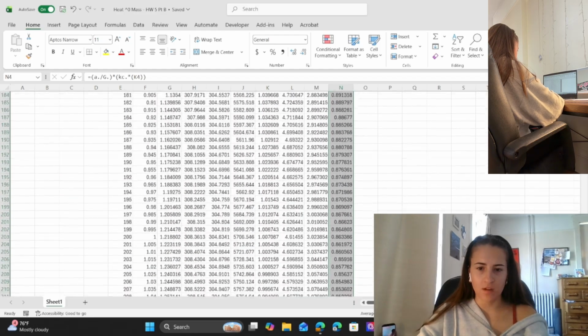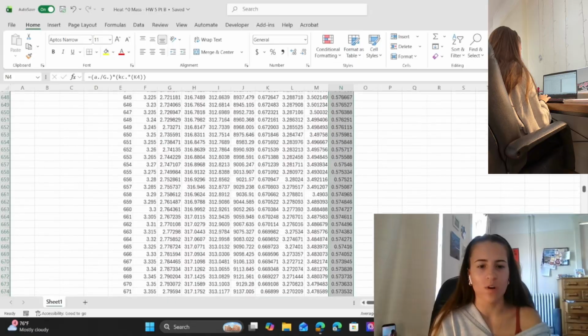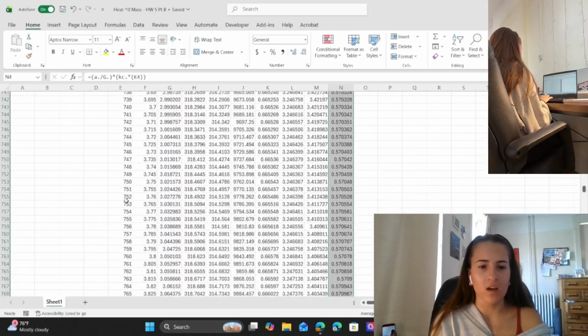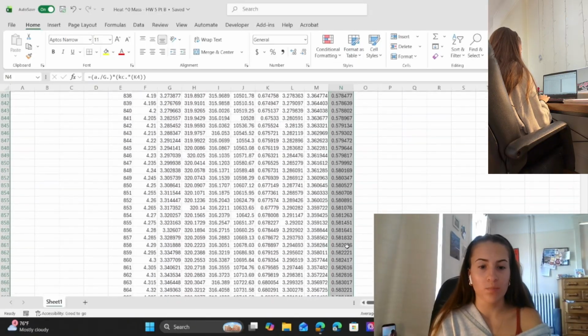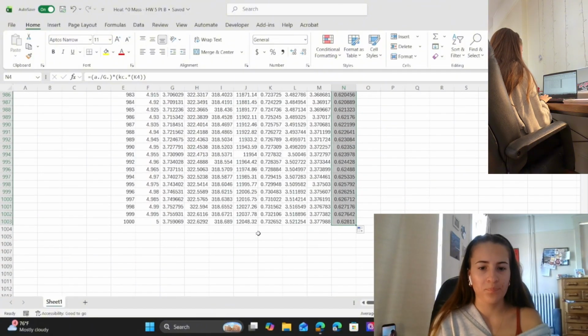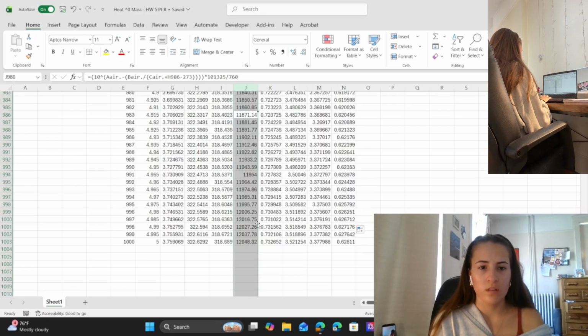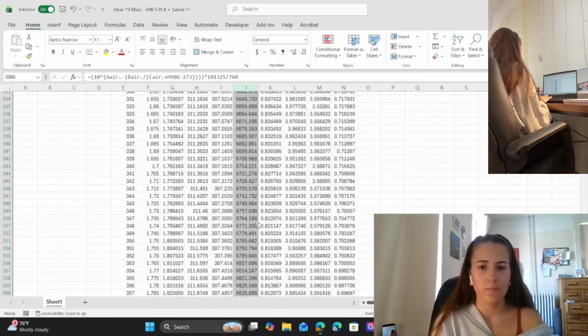All right. So even still, we're going to start to get funky values somewhere around here. These values start to look really big, really intense. Like this one right here, this is like super, super big. So let me see what this is.